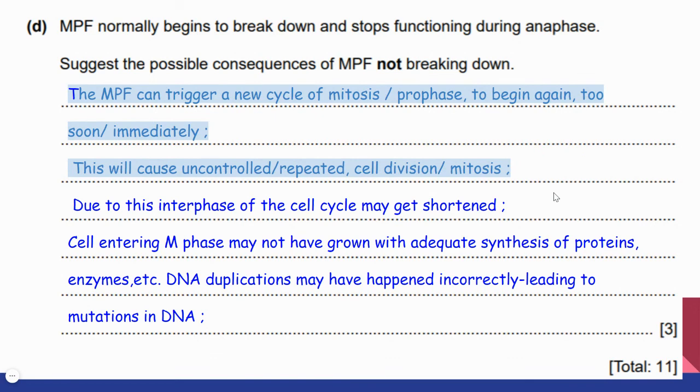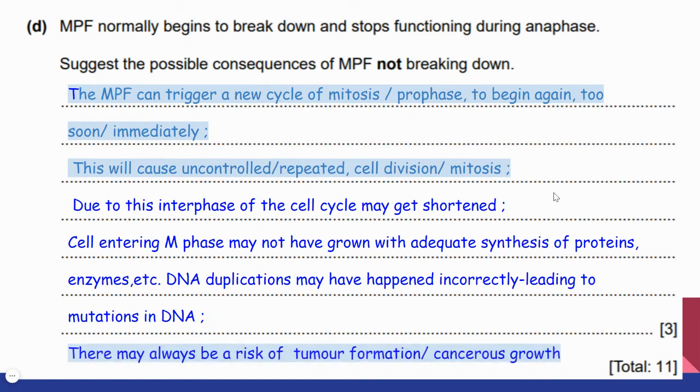DNA duplication must have happened in haste, in a rushed manner. So incorrect DNA copying must have led to mutations in the DNA. So overall, you can summarise all these statements by saying there may be a risk of uncontrolled cell division that can lead to tumor formation or cancerous growth.